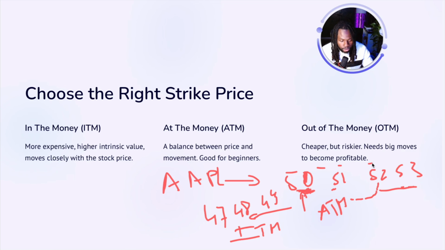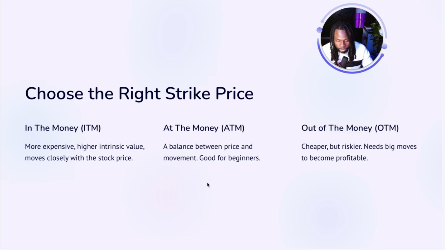But after two strikes, we're way more out of the money, which is a bit more risky. The more out of the money you go, the more risky it gets in general. So just to summarize, in the money is below the strike price, at the money is close or near the strike price, and out of the money is pretty much way above the strike price.